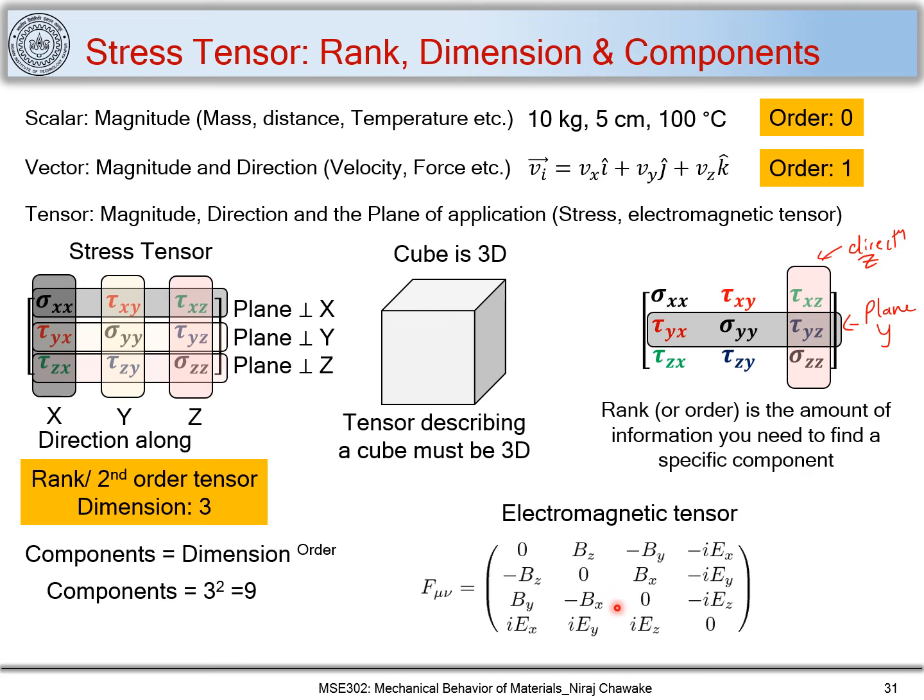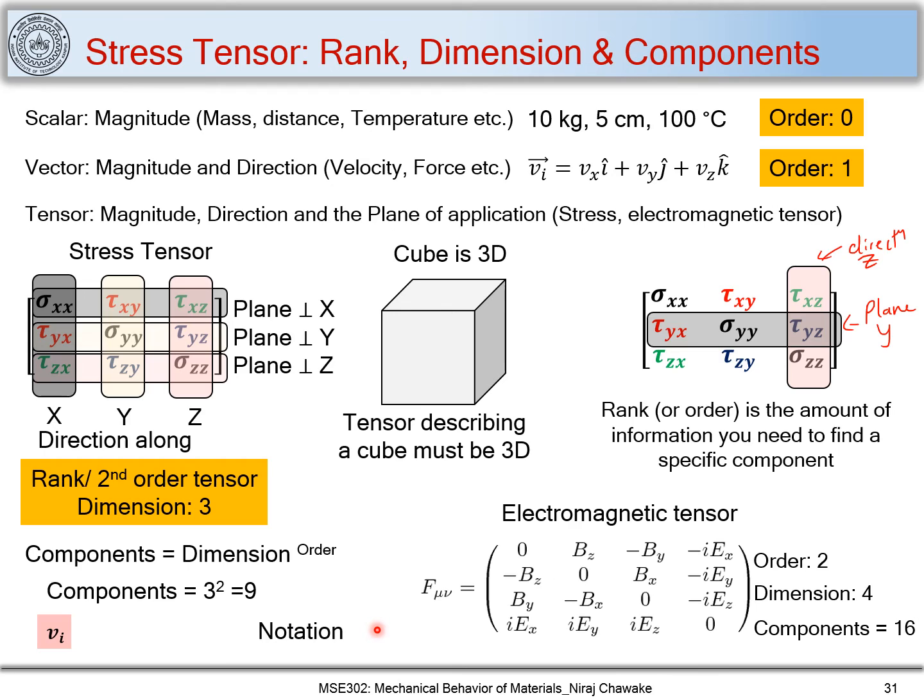Let's say I have an electromagnetic tensor over here, which is of order 2 and dimension 4. So how is order 2? Let's say I want to find out px. I need only one row and one column to get this component. So order is 2 and dimension is 4. So how many components? It must have 16 components.